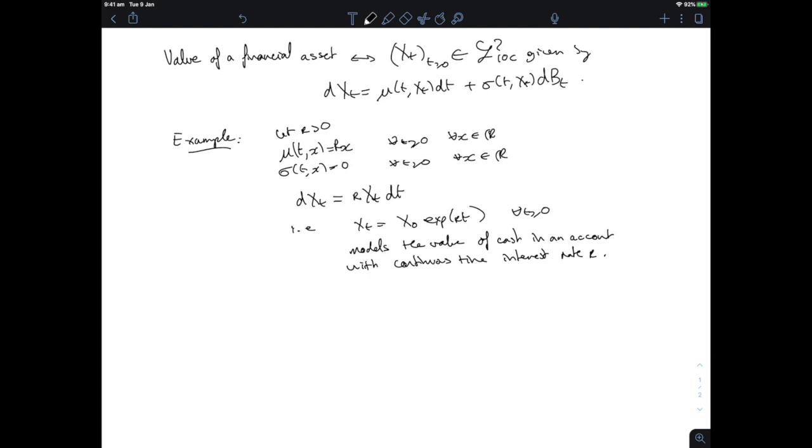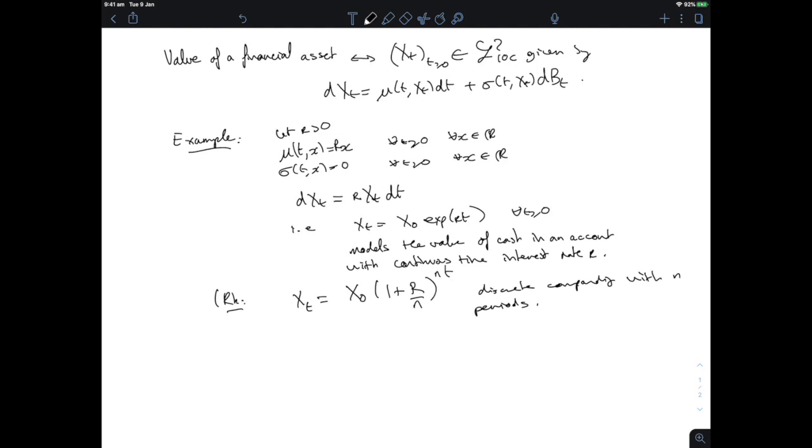This is a continuous time analog, for those of you who may not have looked at interest accumulating before, of what happens if you have X_t = X_0 times (1 + r/n)^(nt), if you have discrete time compounding with n periods.